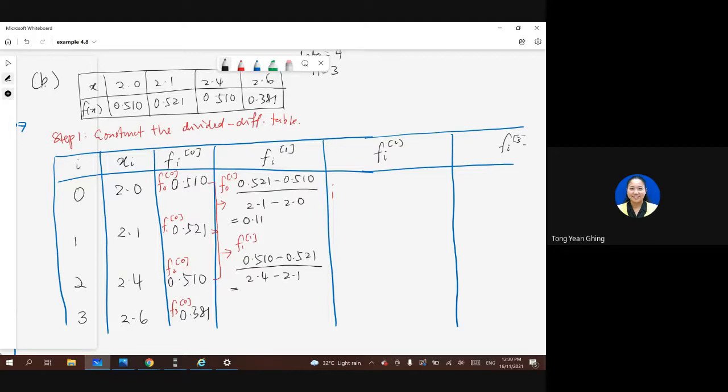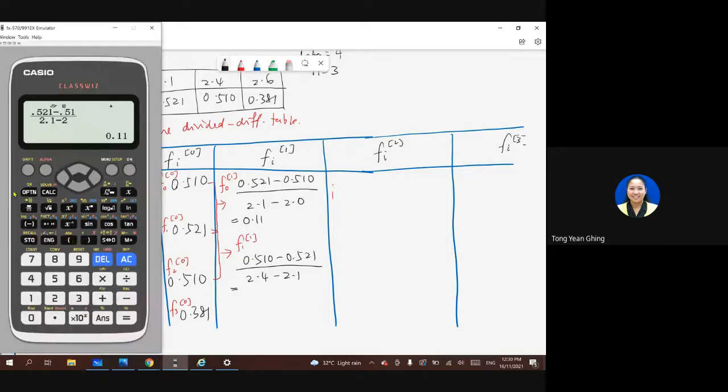So we will get 0.51 minus 0.521 divided by 2.4 minus 2.1. So you get negative 0.0367.